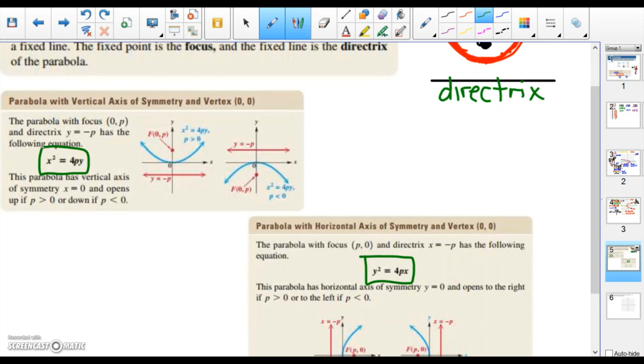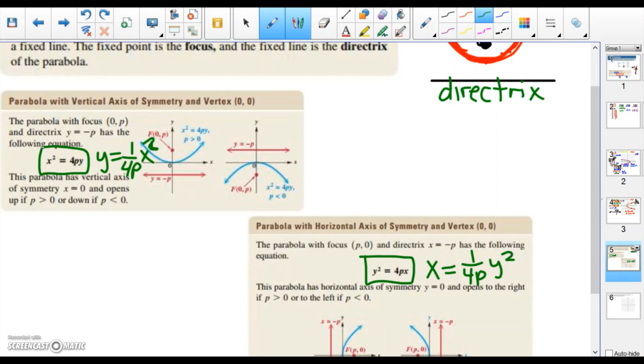So if you isolate, in the top case, if you isolate the y, it would look like y equals 1 over 4p times x squared. And so that looks a little bit more like what we're used to, where that 1 over 4p is just whatever the coefficient is. And so similarly down here, if you isolate the linear term, the x term, you would have x equals 1 over 4p times y squared.